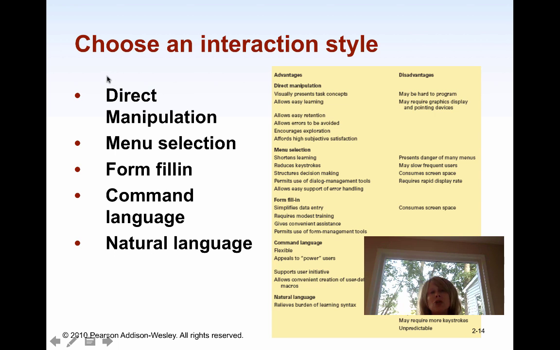It's like utilizing icons, picture to picture, to be able to do what you want to do. The user controls that process. Menu selection: Canvas is a perfect example of menu selection. We select what class we're going to go to. We select whether we're going to look at the syllabus, the module, or the discussion board through a menu.